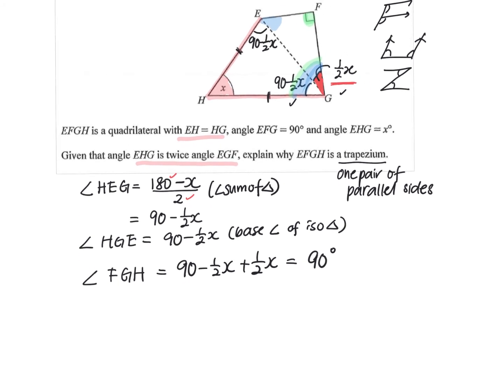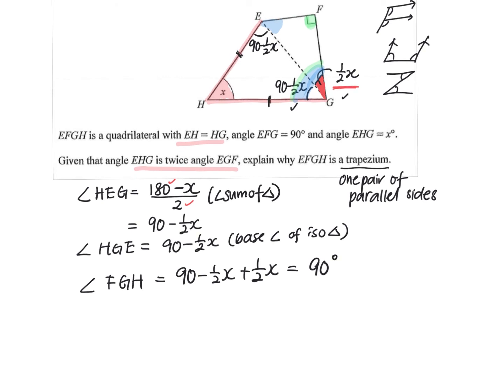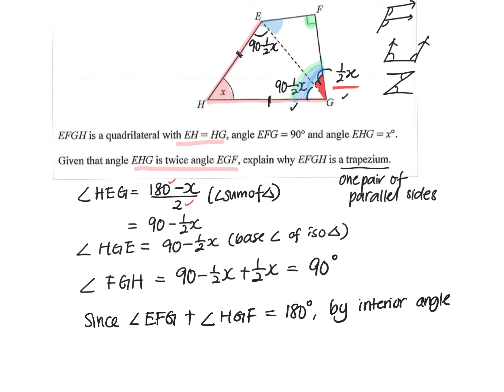So what does that mean? That means since angle EFG plus angle HGF is equals to 180 degrees by interior angles on parallel lines. Please write the full property names because you're going to explain why it's a trapezium.